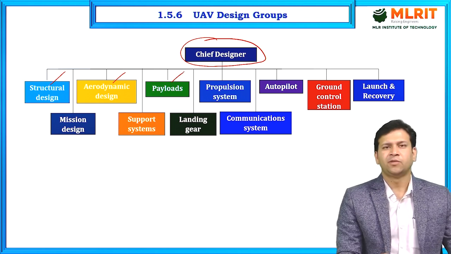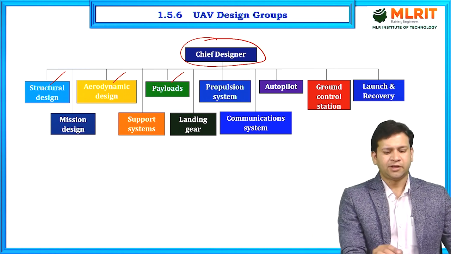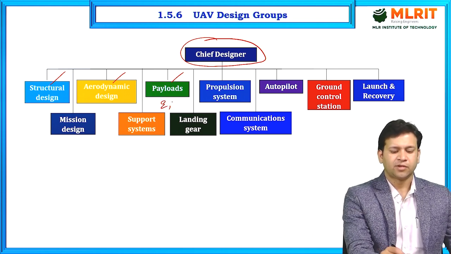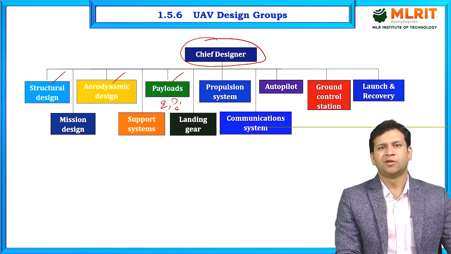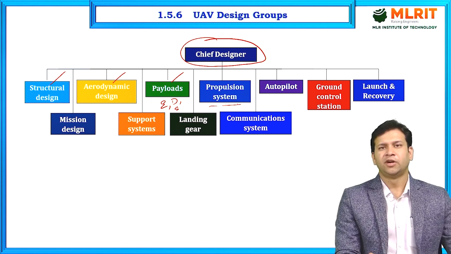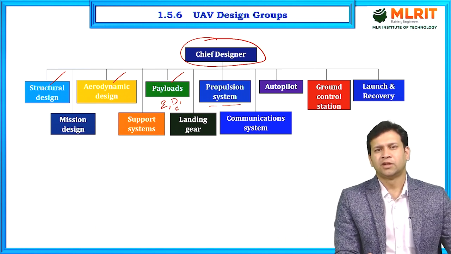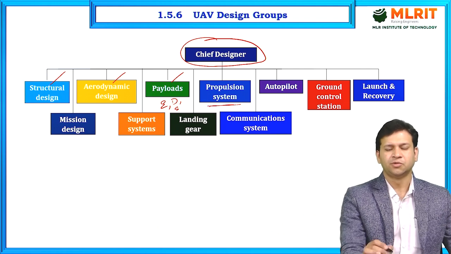The payloads department will ensure what kind of payloads, like equipment, devices, sensors, are to be incorporated depending upon the requirements. Then the propulsion system will be chosen depending upon the mission, the range of the mission, and the endurance of the mission.